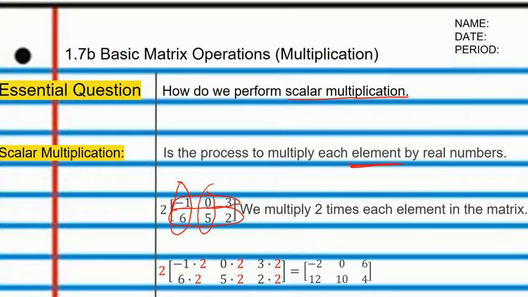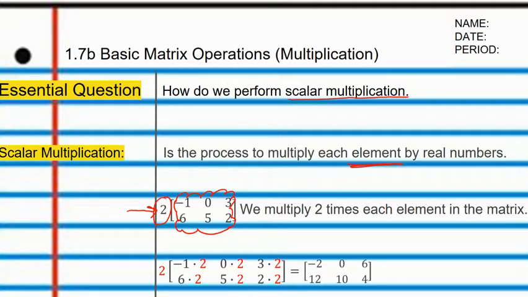With scalar multiplication, you will only see one matrix and a value outside the matrix. So we're increasing all of the elements inside the matrix. If we're multiplying by a whole number, let me restate that.